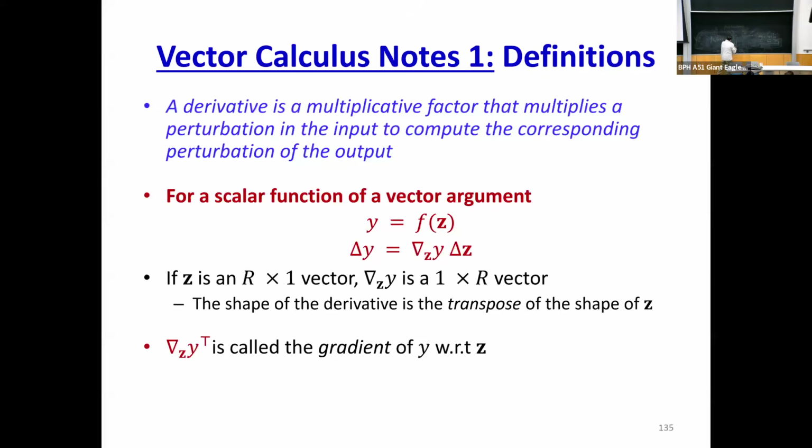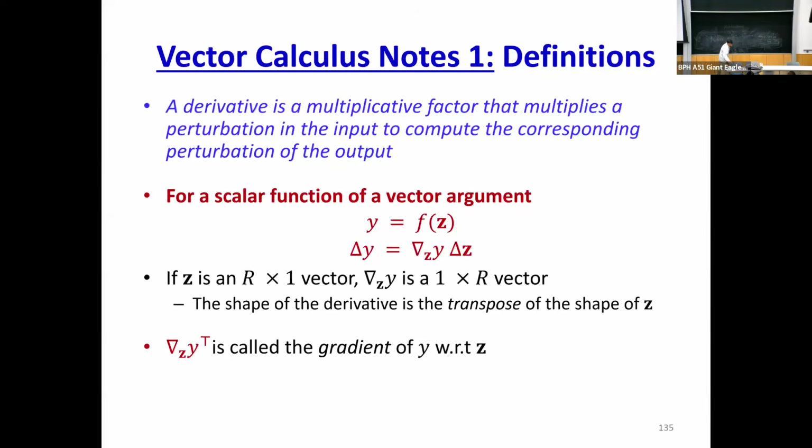I can simply think of y1 through yn as n independent functions, scalars, right? What is the derivative of each of these scalars with respect to z? Is it a row or a column? Row. So what would the derivative of y, the entire vector with respect to z be? Stack. It's going to be a stacking.